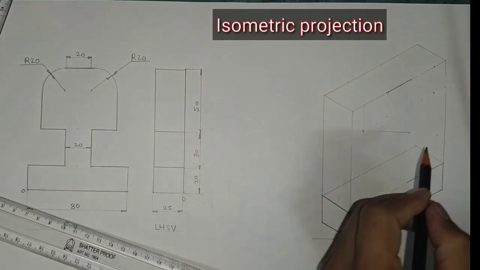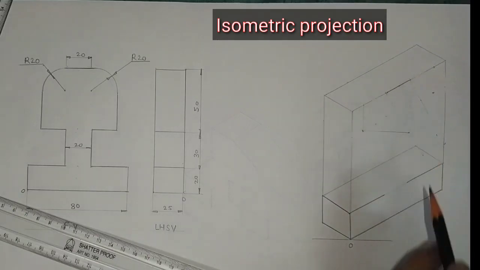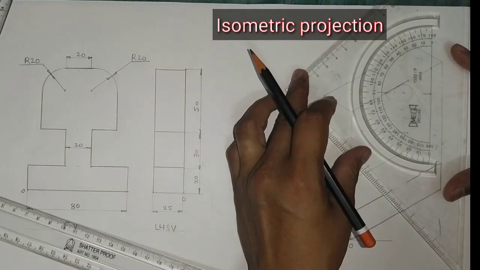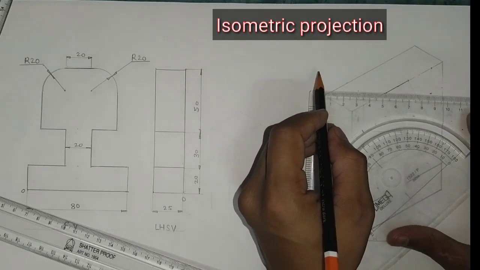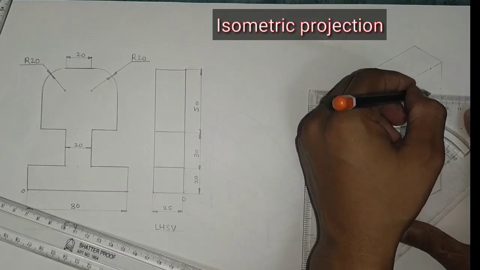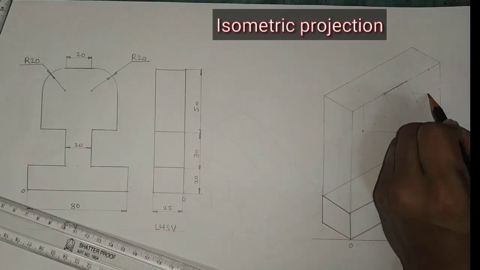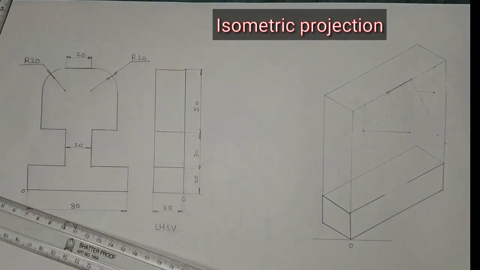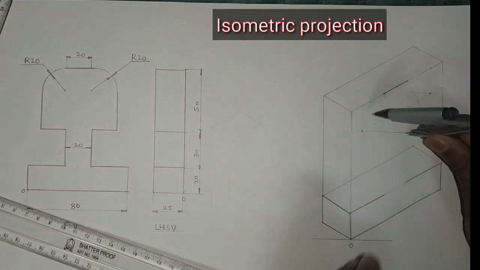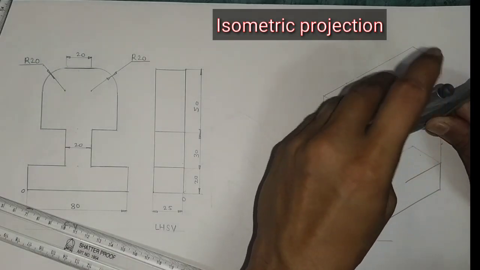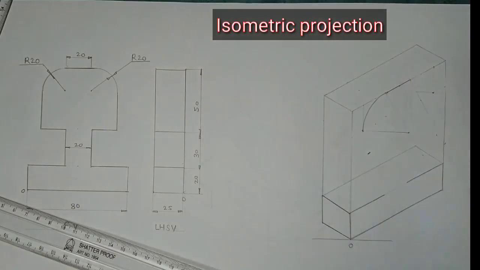Draw a line at an angle of 90 degrees. Again from this point draw another line at an angle of 90 degrees. These are the 2 center points, first one and second one. Now by using a compass, draw a quarter circle of radius 20 mm, like that.